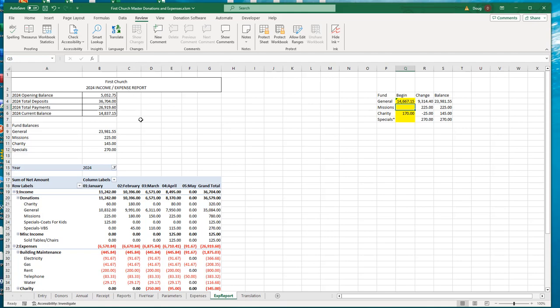Okay, so that is our beginning balance. And then from there we can calculate the change.